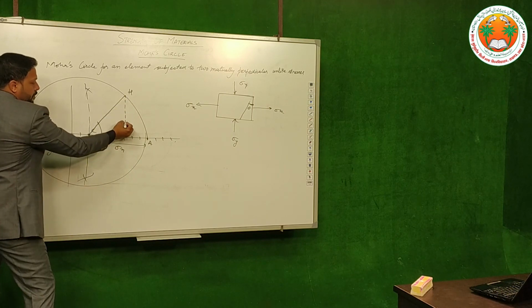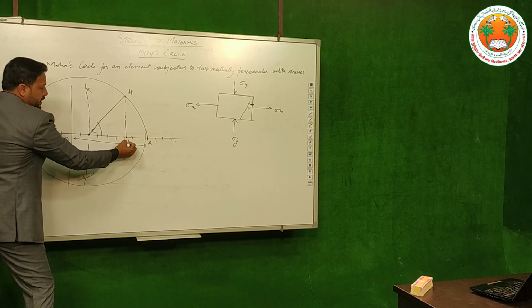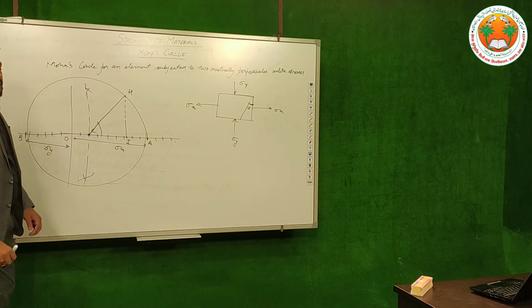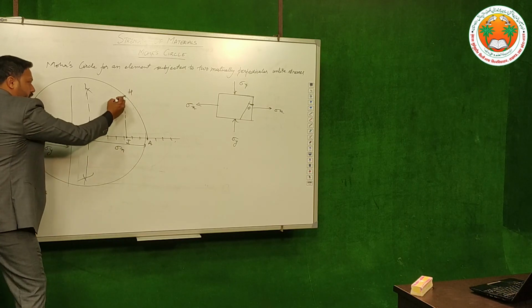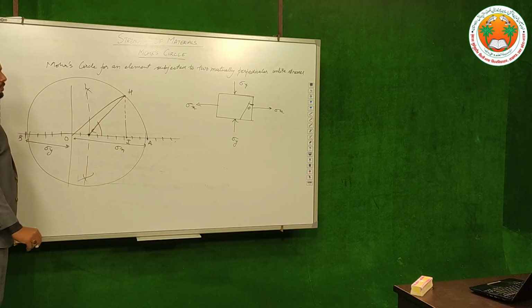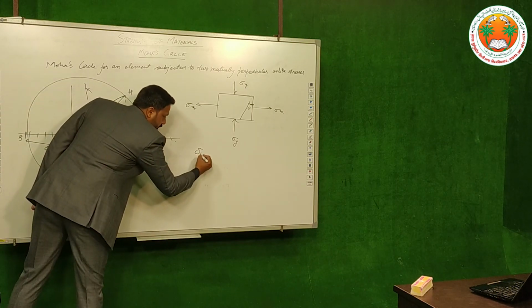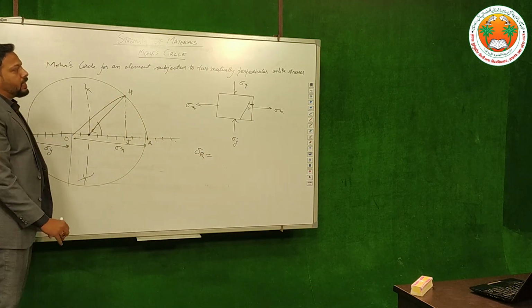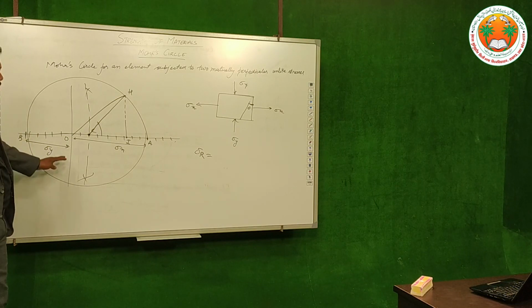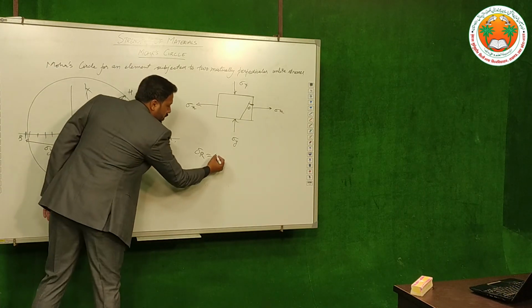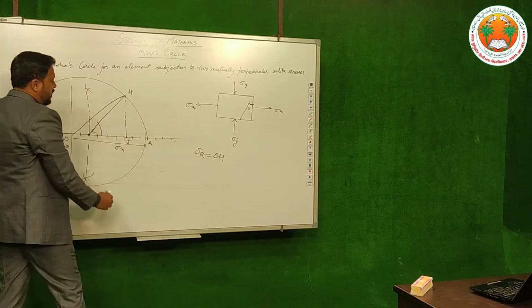We will draw a perpendicular on the x-axis and mark it as point I. Again, we will join H and O. The resultant stress for the present case of unlike two mutually perpendicular stresses is OH, similar to the previous case.